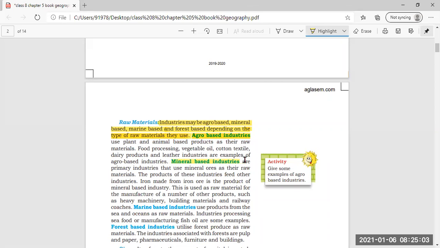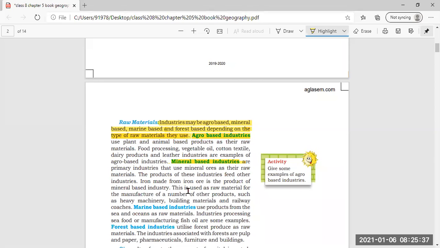Second comes mineral-based industries. In mineral-based industries, the primary industries use mineral ores as their raw material. As the name indicates, mineral-based industries will use the mineral ores which have been extracted from deep inside the earth as a raw material to convert them into finished products. So the main base of the mineral based industries will be the mineral ores.